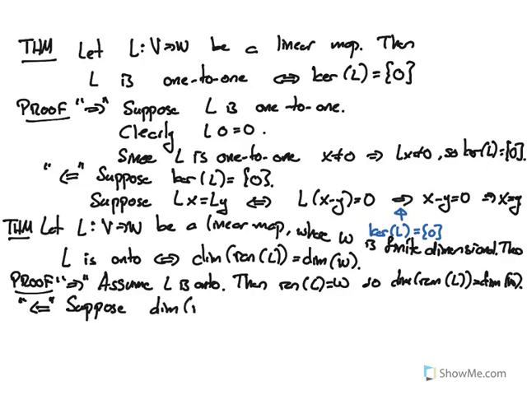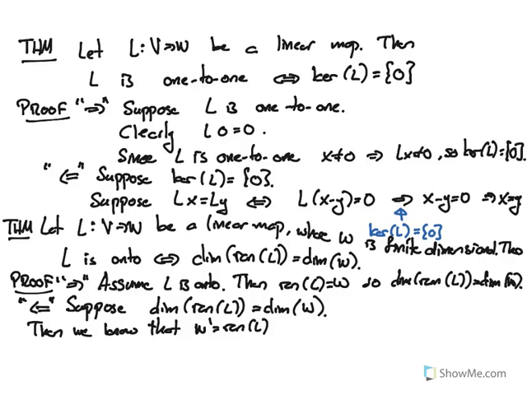Suppose the dimensions agree. Then let W prime be the range of L. This is a subspace of W, because we proved in the previous section that the range is always a subspace.